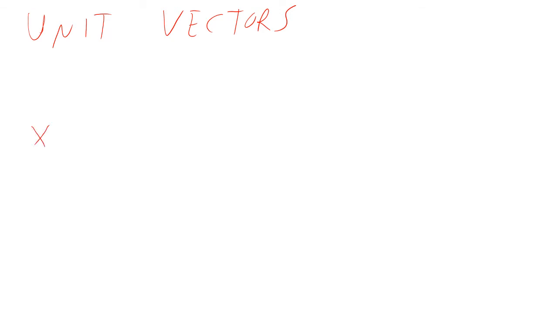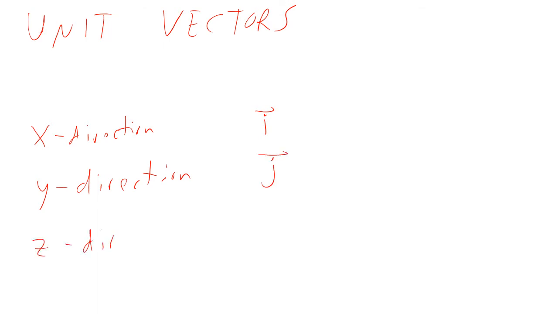If it's in the x direction, we're going to call that vector i. If it's in the y direction, we're going to call that vector j. And if it's in the z direction, we're going to call that vector k.